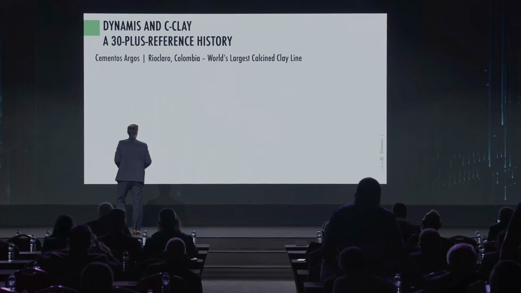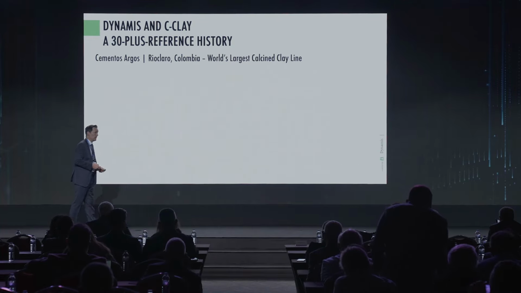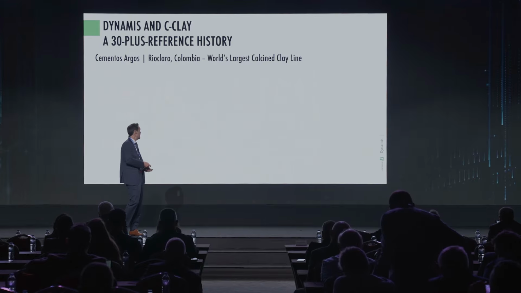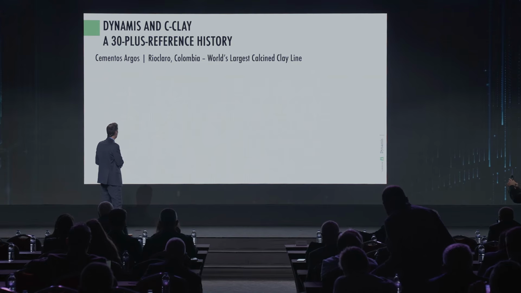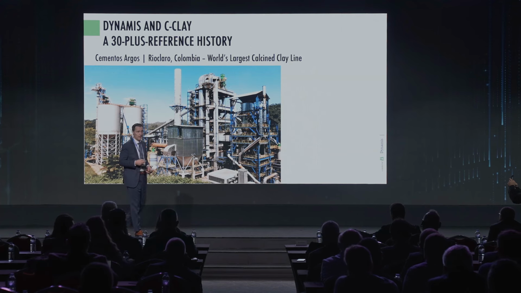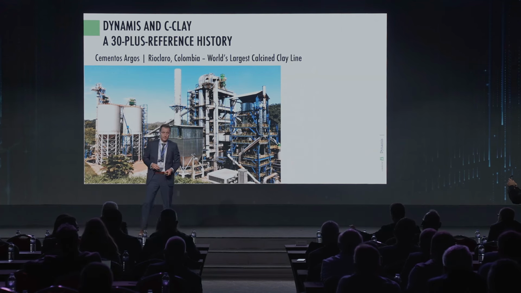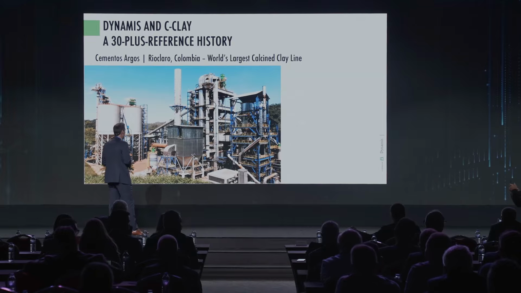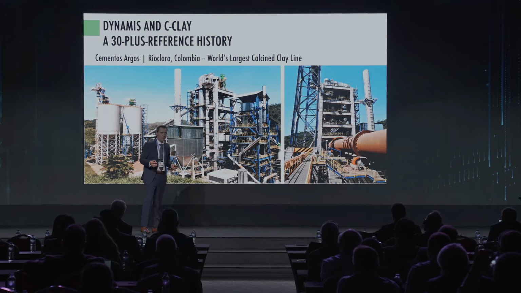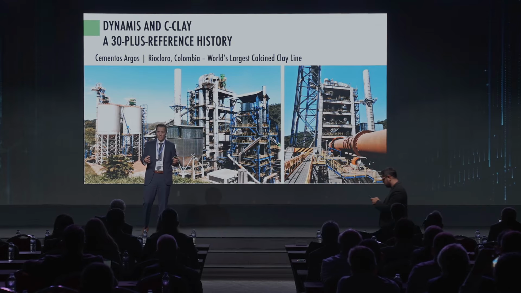Another very important reference of ours, already mentioned several times this morning, is our project in Colombia, Cementos Argos in Colombia, the world's largest calcined clay line. It is a hybrid technology where we combine, again, innovation, right?